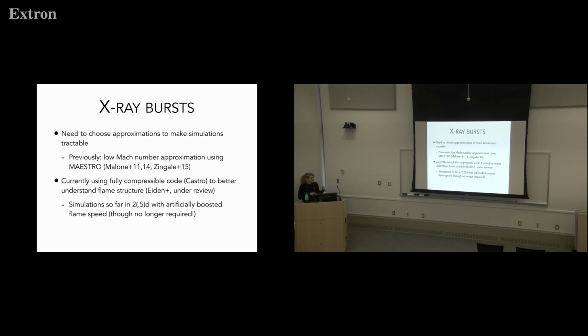With our simulations up to a couple of months ago, we had to artificially boost certain properties of the flame in order to get it moving fast enough to make the simulations tractable. But we've been doing lots of work optimizing our codes, and we don't actually have to do this artificial boosting anymore, which is pretty cool.